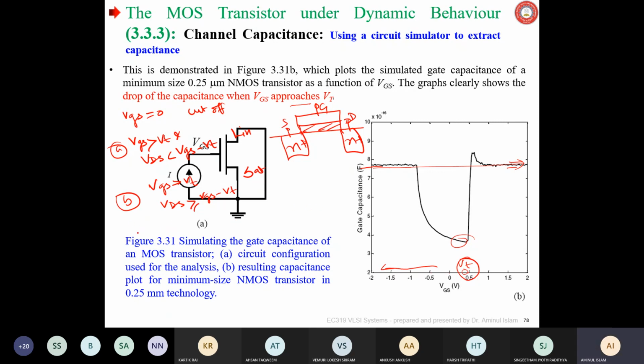But if VGS is negative, VGS less than 0, then what will happen if you apply negative voltage, depositing negative charge here instead of positive charge? What will happen to the channel region? It is a P-type substrate, right? So holes are there, and the doping concentration is very light.